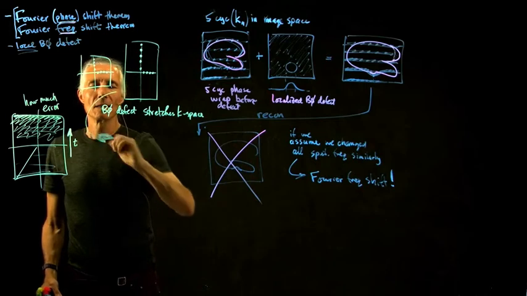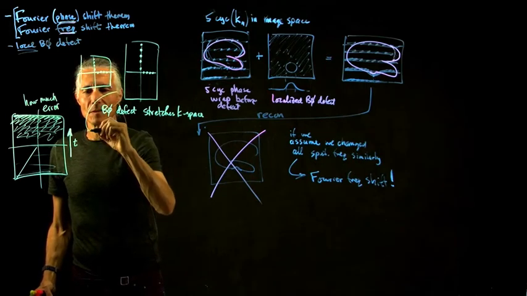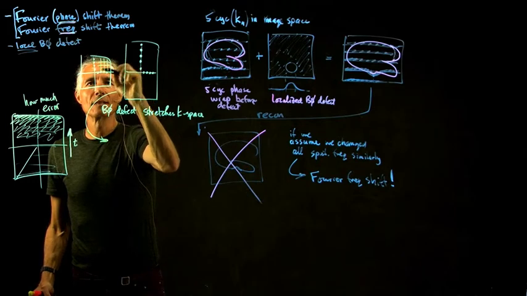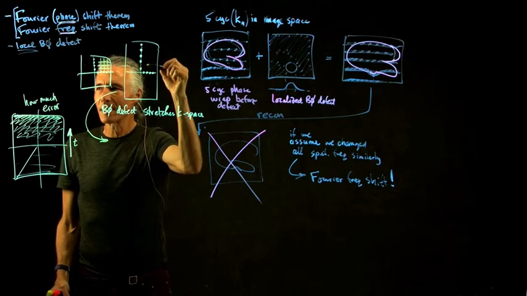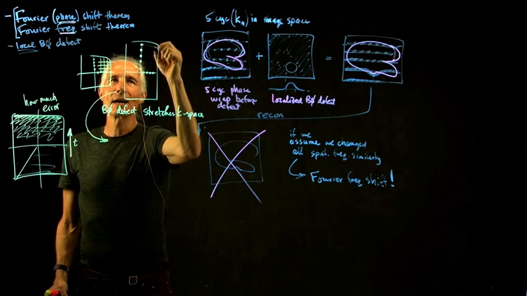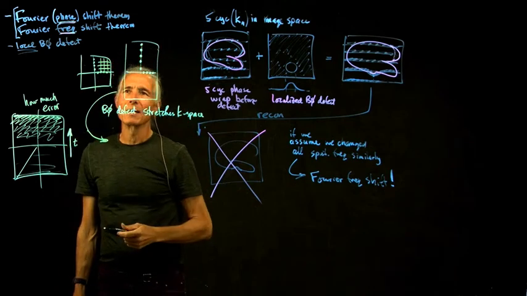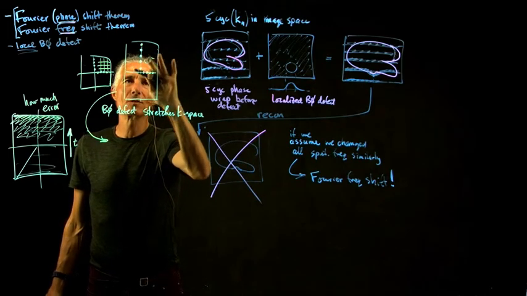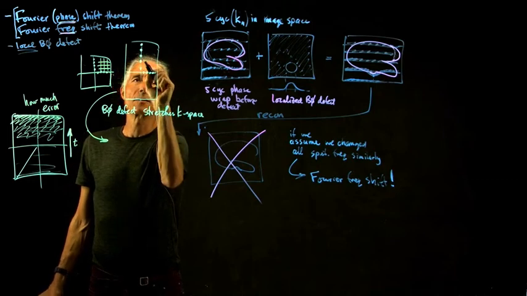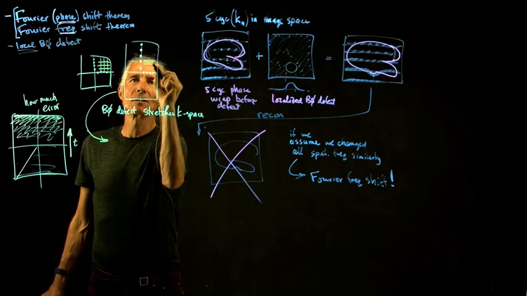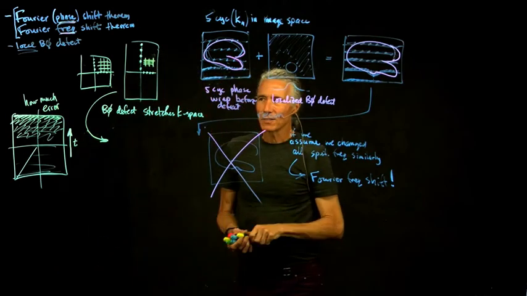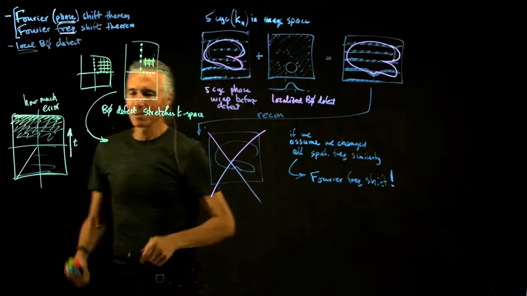That has the effect of changing the voxel size. So if you start off with voxels like this, when you have a stretched k-space, you're going up to a higher spatial frequency. And so what you'll do is, as if you doubled your k-space, you'll make the pixels smaller that way. So you'll actually scrunch the pixels.